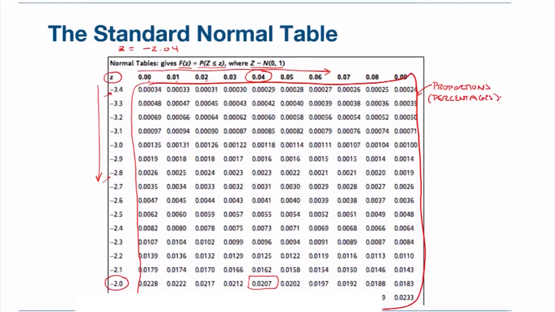And what did we get? We get that the proportion of a random variable z that is less than or equal to minus 2.04, our specific value of z, is equal to 0.0207, which is equal to 2.07%.